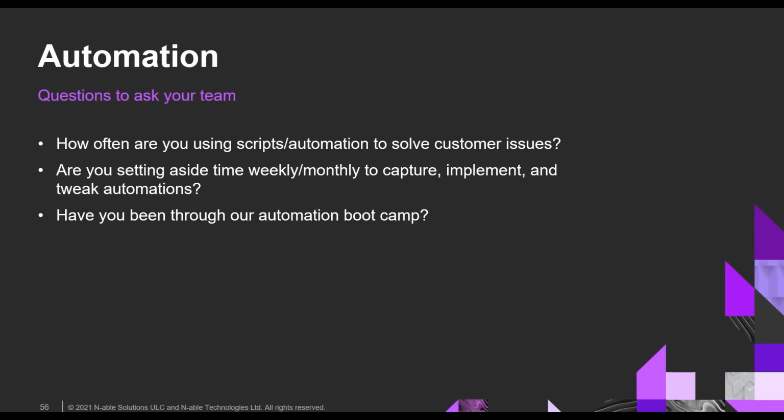So when we look at automation and we look at being efficient here, where we start to drive this home with our team is, first off, as a business owner, do I let my technicians do this? Your technicians are the best resource you're going to have to target automation. Go to your tier one techs, ask them what the most annoying thing that they deal with on a daily basis is, and they'll give you a top 20.